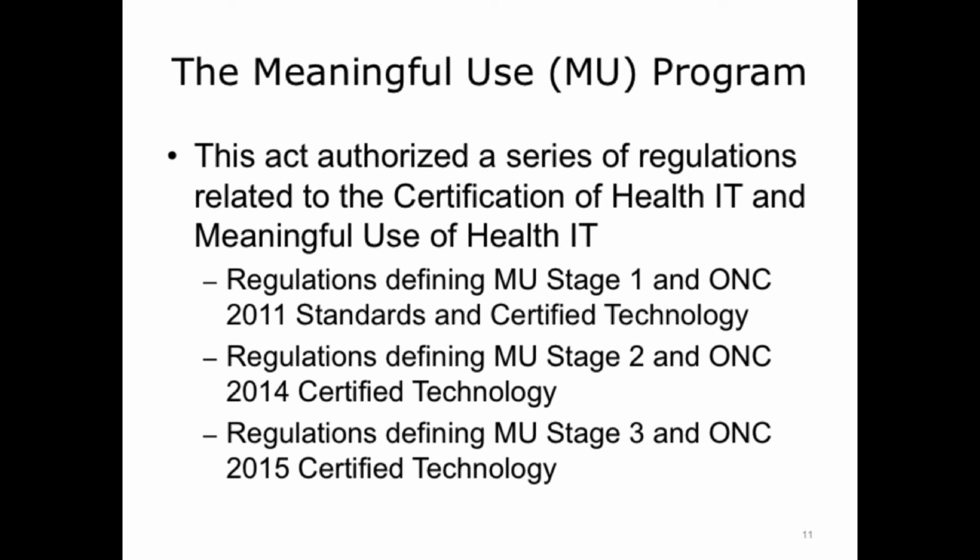Then the next series of regulations defined meaningful use Stage 3 and ONC 2015 certified technology. This particular program is meant to be a 3-stage program, so that is where it ends. However, it does not mean that you stop meaningfully using health IT, but rather you continue having these functionalities in your systems.